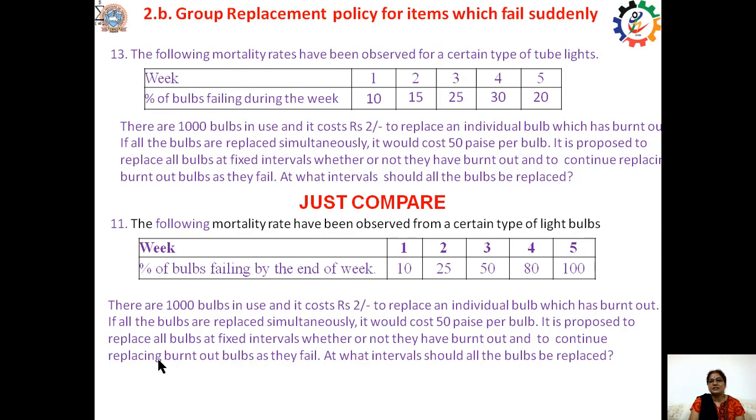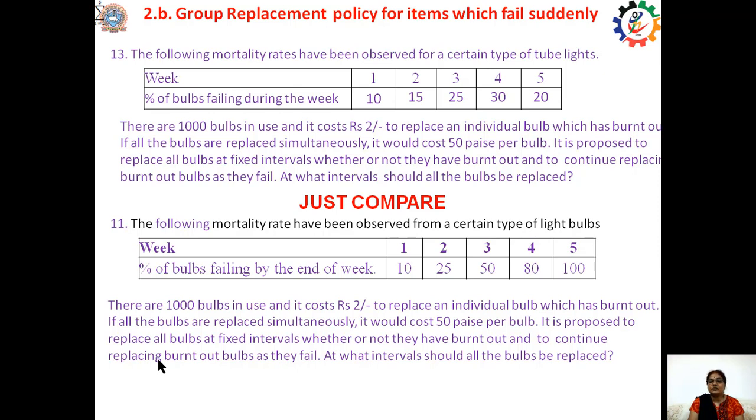If probability is given, you will get 0.8. Then you add 0.2 for the 6th month. 1 minus cumulative of this. After addition, however much you get, that you subtract from 1. Whereas here it is cumulative. How can you identify? Continuously increasing. Last number is 100 because it is given in percentage.